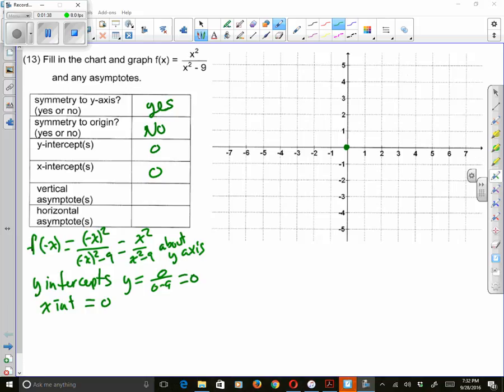For vertical asymptotes, we know we have to factor this to be x minus 3 times x plus 3. That's going to give me vertical asymptotes at x equals plus or minus 3.